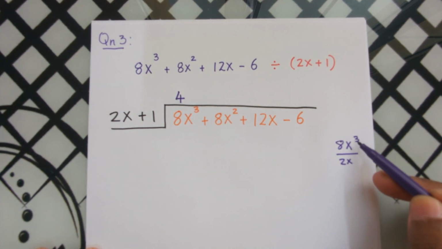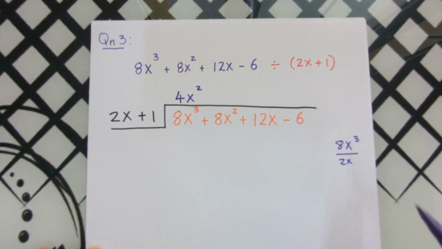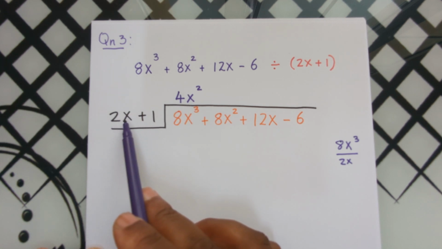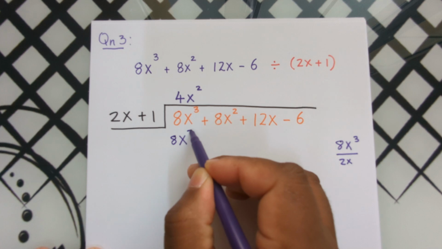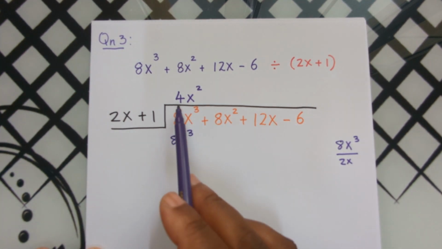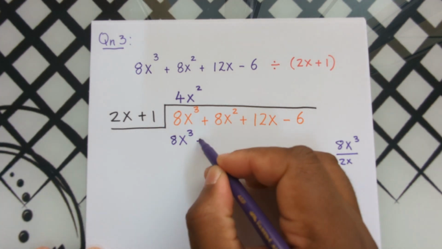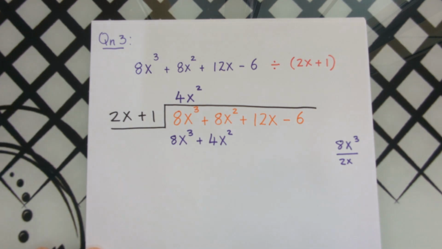And x to the power 3 divided by x, that's x to the power of 2. Now let's multiply 4x squared multiplied by 2x. It will give you 8x to the power of 3. And 4x squared multiplied by positive 1, it will give you positive 4x to the power 2.